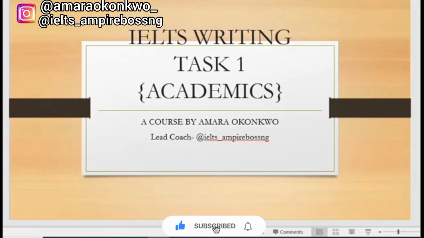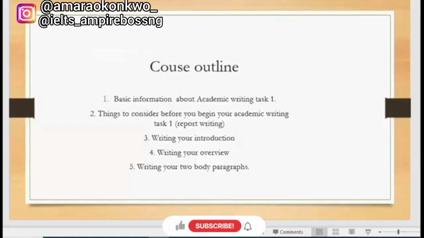And today's course, we're going to be talking about the academic writing task 1. So we're going to go through the course outline. First of all, there are basic things that you need to know about the academic writing task 1. And then we're going to talk about things to consider before you begin your writing task 1.